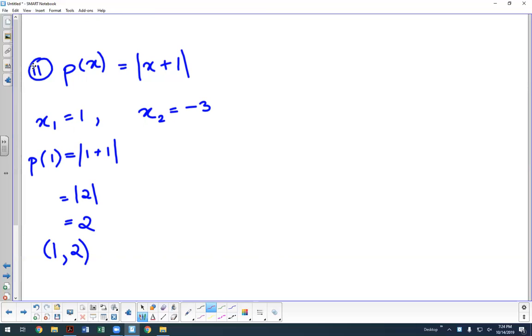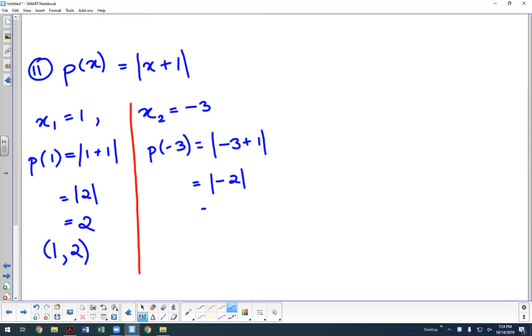Now what happens with this other x value? Absolute value of -3 plus 1 will give me what? Absolute value of -2 is +2. And look at the ordered pair.